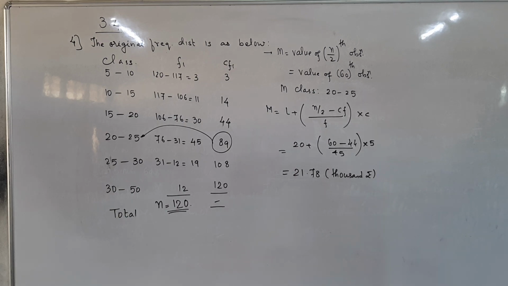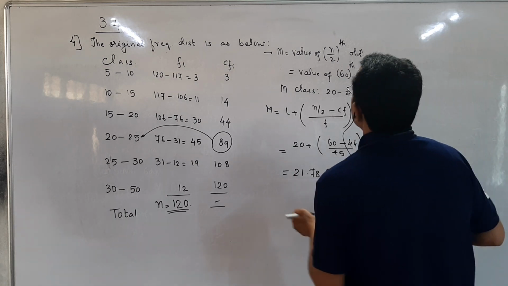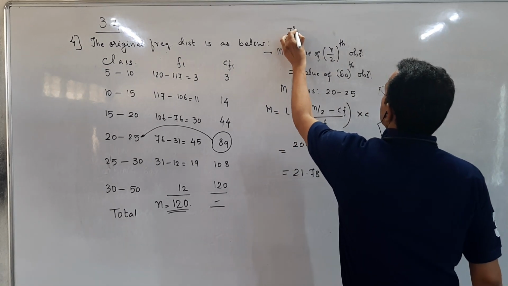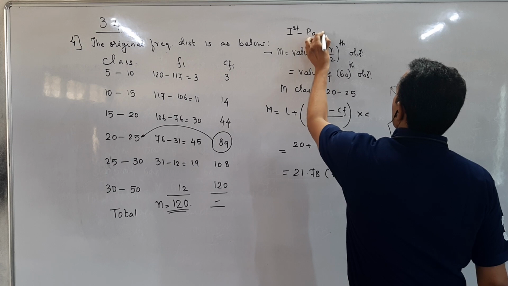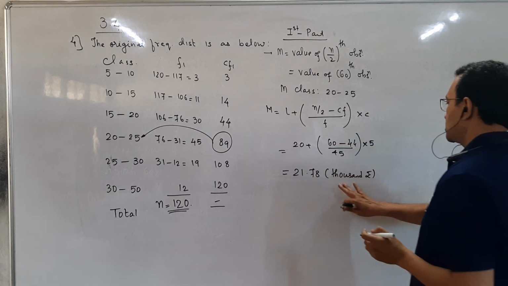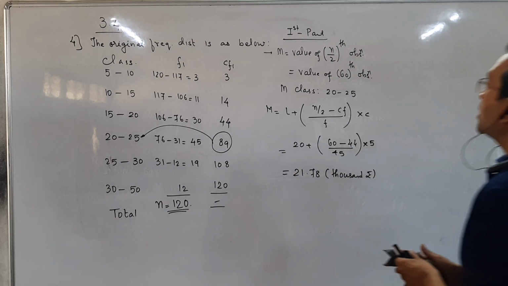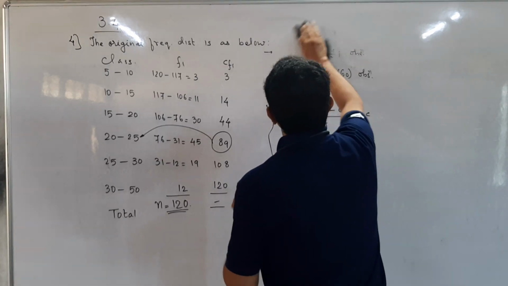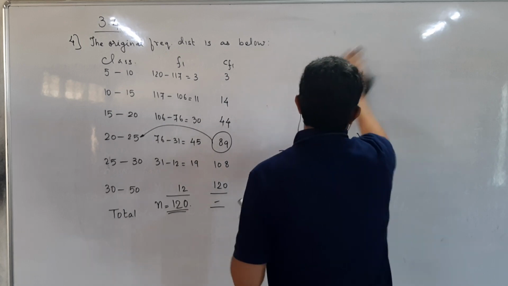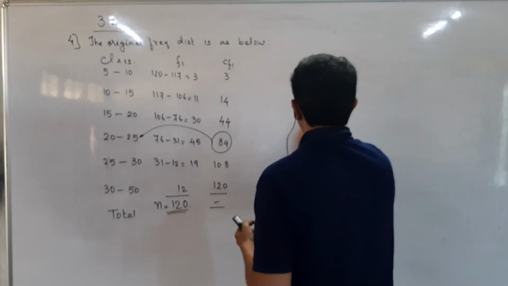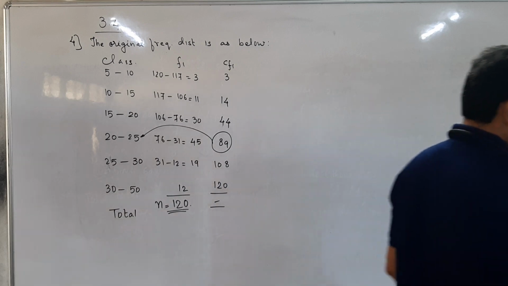Also find the lower limit of the richest 20% employees. This is interesting. So this was the first part of the answer. First part we have done. Students, you note down this, and now I'm changing and erasing. Find the lower limit of the richest 20% employees. So here we have to go by line diagram.